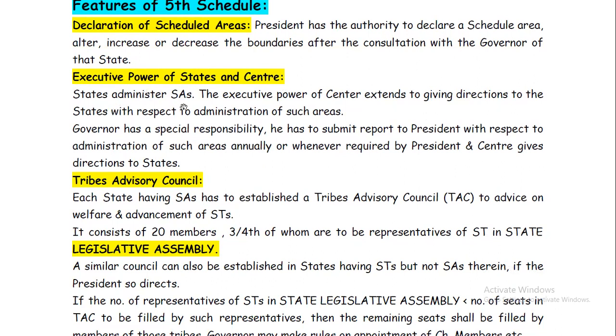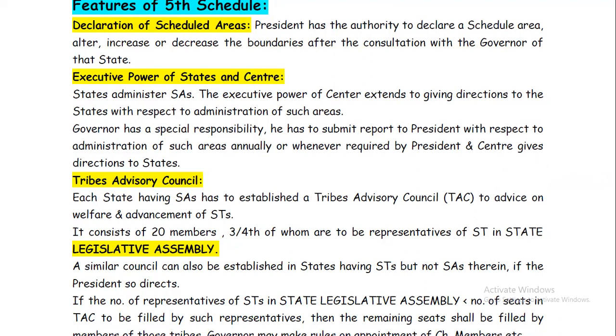States administer schedule areas. The executive power of the center extends to giving directions to the states with respect to the administration of such schedule areas. The governor has a special responsibility. He has to submit a report to the President with respect to the administration of such areas annually or whenever required by the President, and the center gives direction to the state.